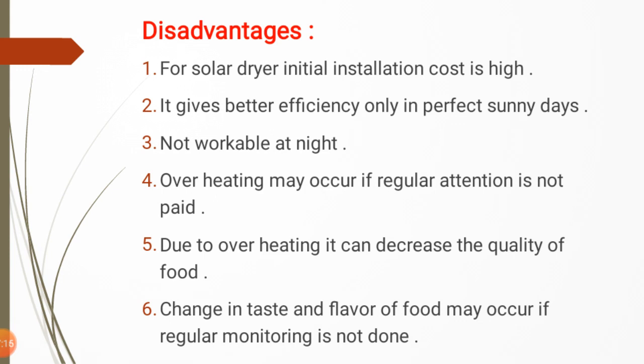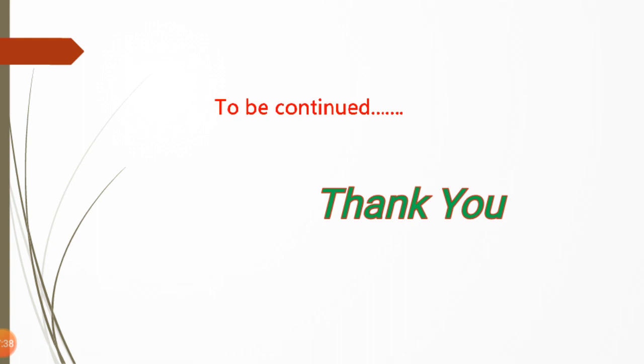This is the disadvantage of the solar dryer. The solar dryer is very useful, but we have to maintain the system so it can work in a proper way. So this is all about the solar dryer, which helps us to dry agricultural products.